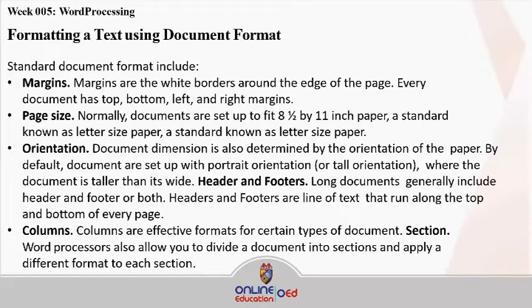So, you just highlight the certain part of the document, and then you can set the column. Yung part lang na yon, gagawin mo siyang 2 columns. So, possible yan. Just select this section of the document. So, that is formatting a text using a document format.